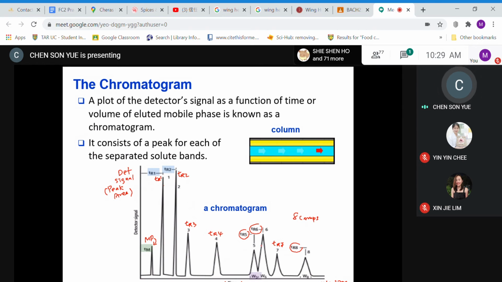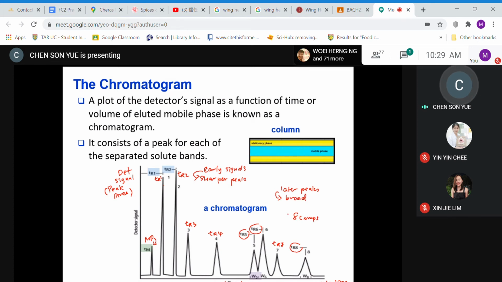There are some obvious differences between the signals. Those that come out faster, the early signals, usually have sharper peaks. Those later peaks are usually quite broad.